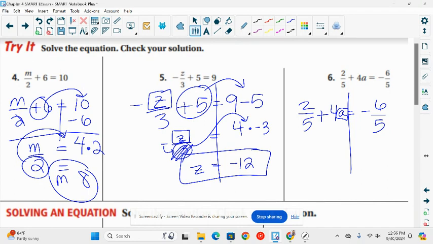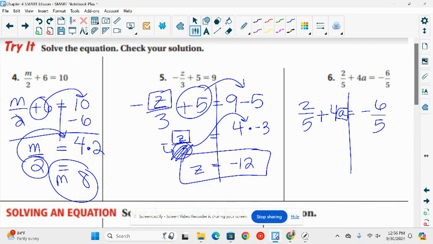The 2 fifths. Did anybody move the 4a? I saw some of us move 4a. If I move 4a over to this side, did I help myself in getting a by itself? No, because then I just moved it over to another number, right? So we're trying to move everything away from the a.